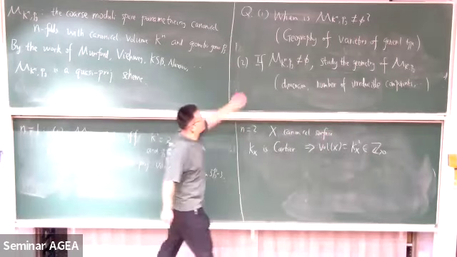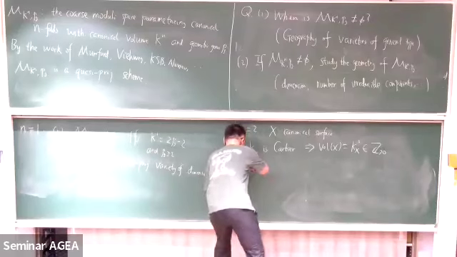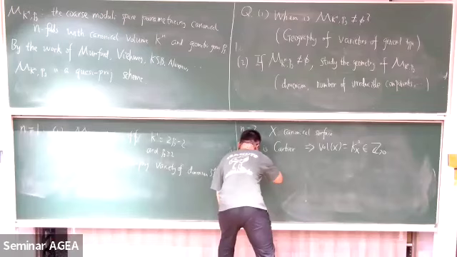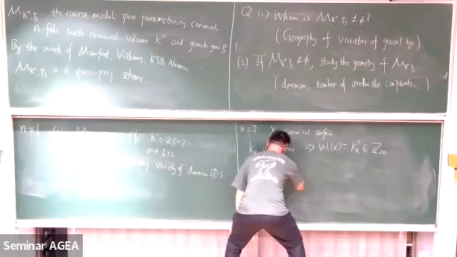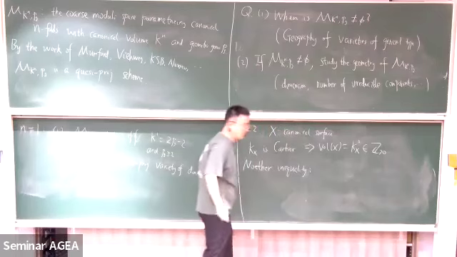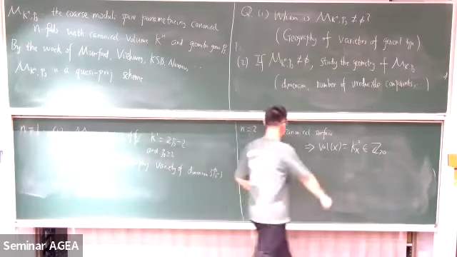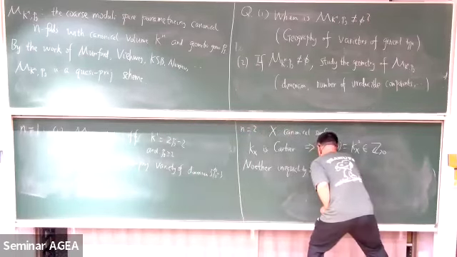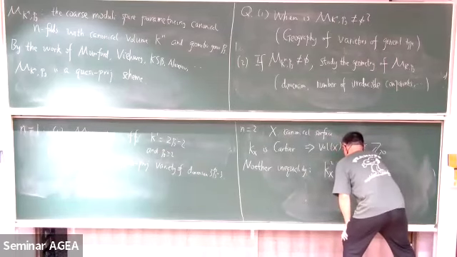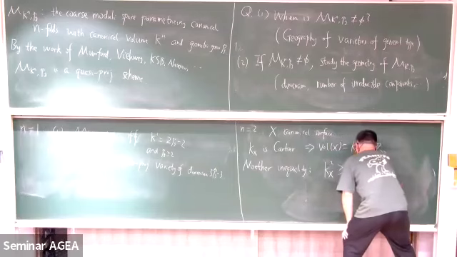For the first question, we have the following famous inequality called the Noether inequality. It states that the canonical volume K_X squared is larger than or equal to 2p_g(X) minus 4.